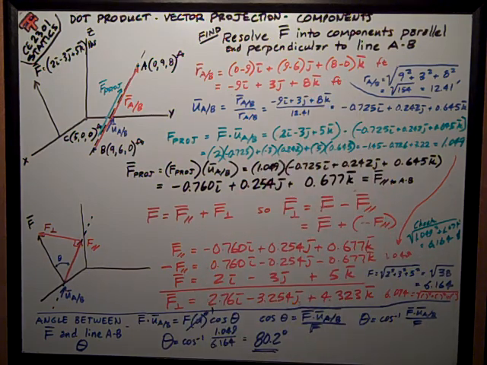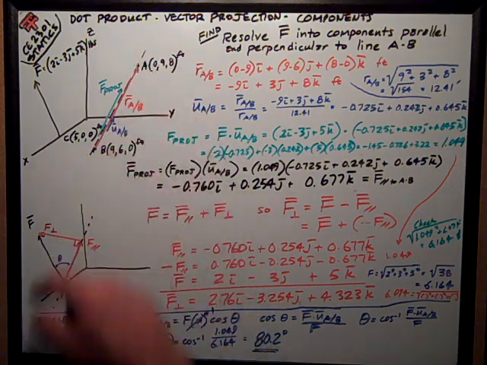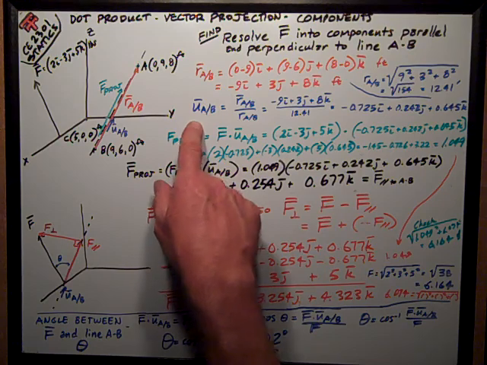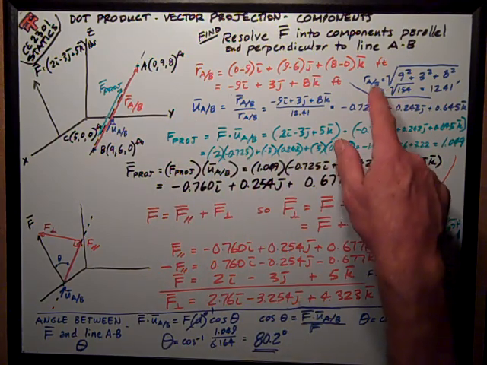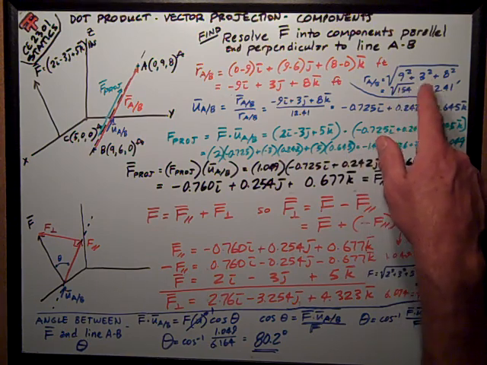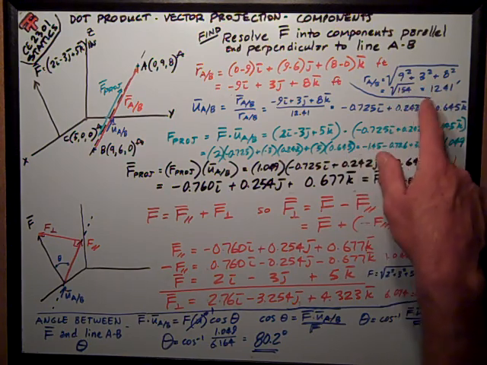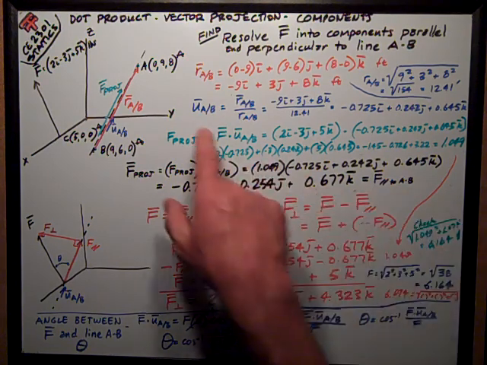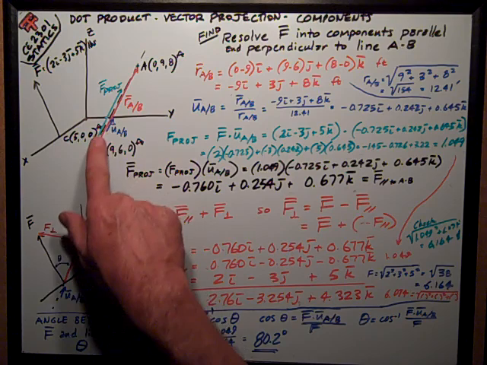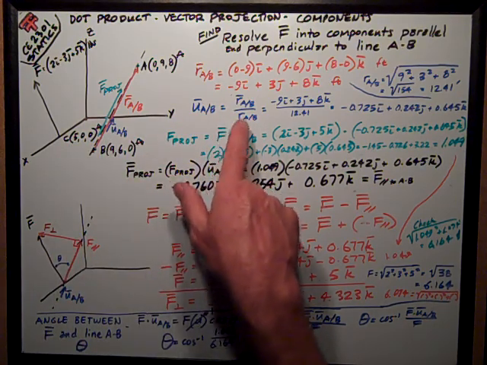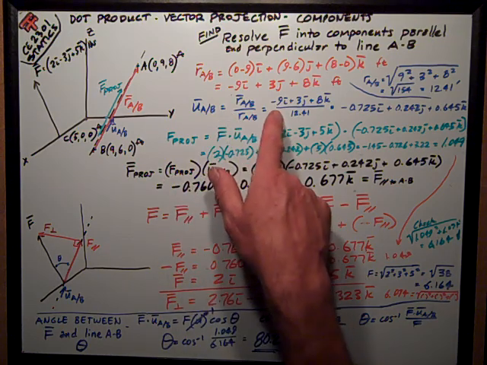Units are feet. I want to get the length of position vector RAB, which is a part of the steps of getting UAB, the unit vector. The length RAB is the square root of the sum of the squares: 9 squared, 3 squared, 8 squared, square root of 154. It's equal to 12.41 feet. Now UAB, the unit vector, which I've shown in blue here, is just the vector RAB divided by the length of RAB.